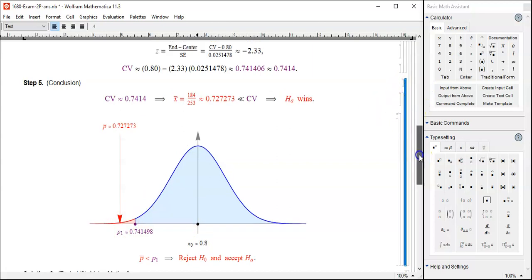So, see the idea? You can clearly see how far this p bar is from the null, and then how far is too far and how close is close enough will be given by the critical value. So once you do your computation and then compare it with the picture, the conclusion is easy.